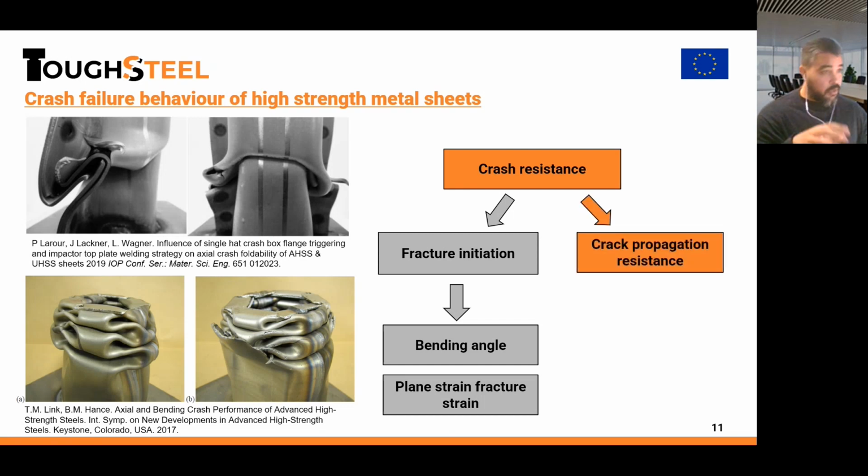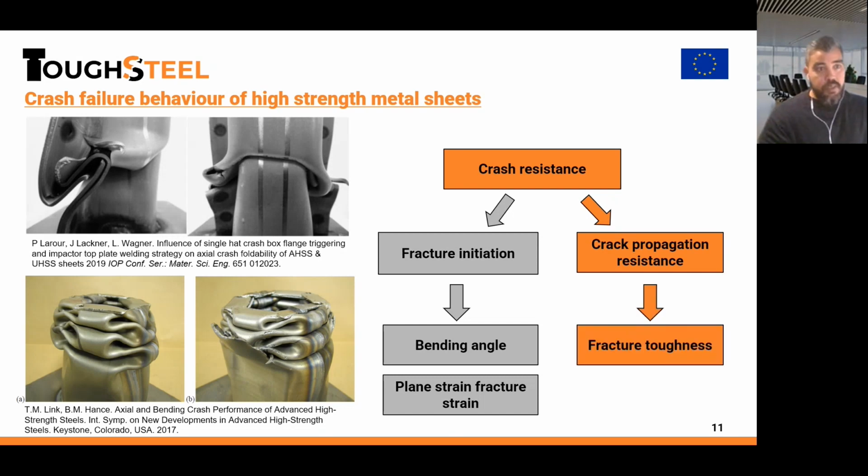But on the other hand, as you can see in the pictures, we also have an important contribution from the crack propagation resistance to the overall crash fracture performance. Once the damage has initiated, we have an important contribution from this second stage, that is, once the cracks have started, how fast they propagate through the sample.